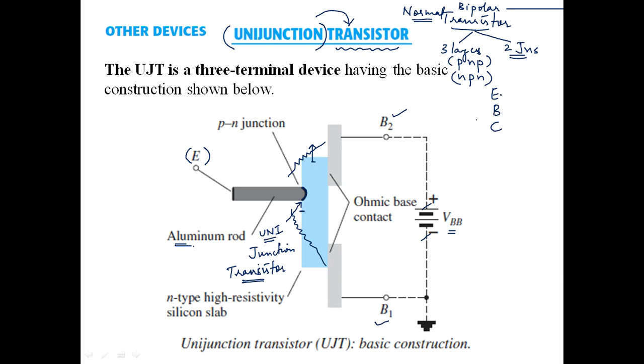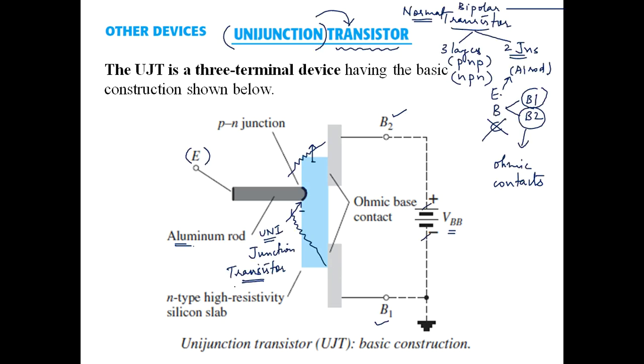However, in the case of a UJT, you have two bases, B1 and B2, and there is no collector, and we just have an emitter. The emitter is made up of aluminum rod, and the junction is in between aluminum rod and the silicon N-type slab, and the two base regions are ohmic contacts. So these two are ohmic contacts.